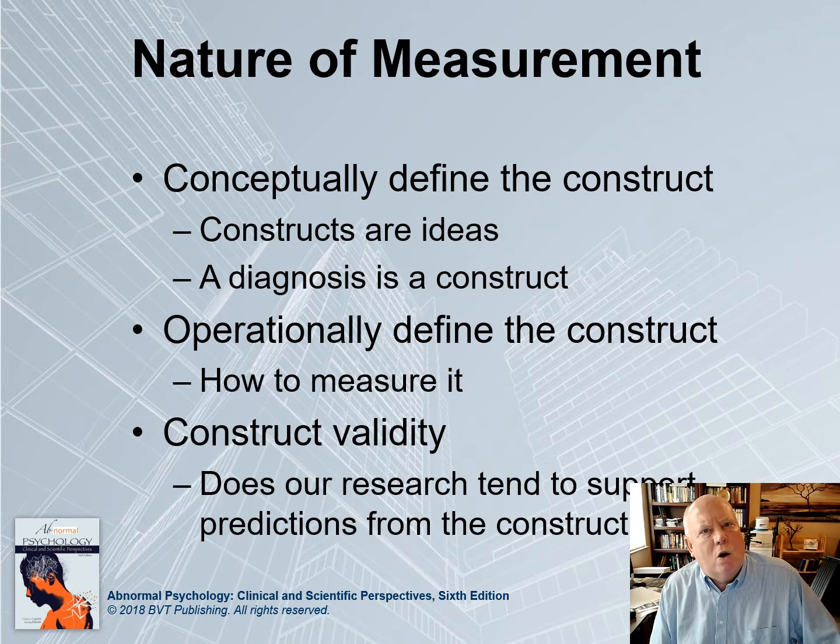That's called the course for the disorder. Are there treatments that reliably work for individuals with that diagnosis? Answers to those questions tell us whether that diagnosis is reasonable, whether it is valid. And that's what we're going to be talking about throughout this course.